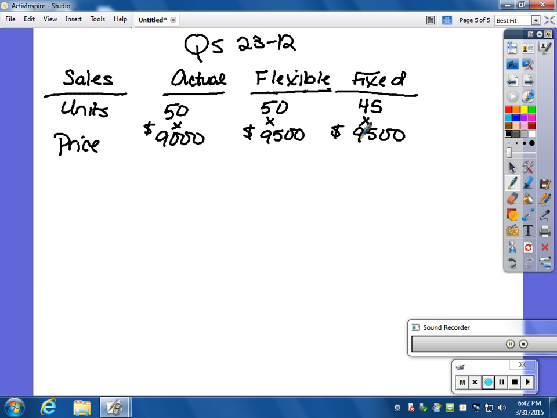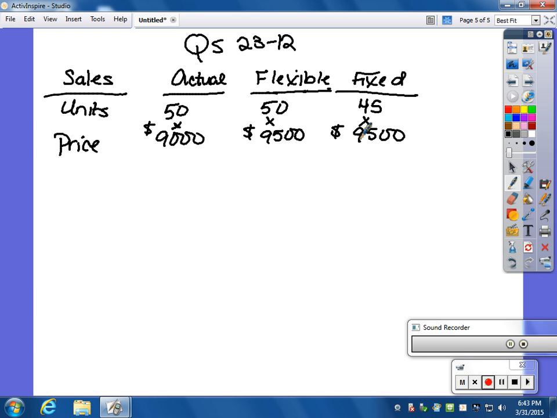So because you know the actual volume sold was 50 units, you assume that it's the same for your flexible budget or variable budget. Does everybody understand? So that's why it's 50 for both actual and flexible, and then 45 because that was to be sold. That's what was budgeted for the 6 months.